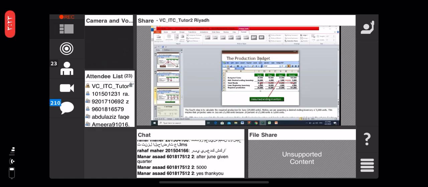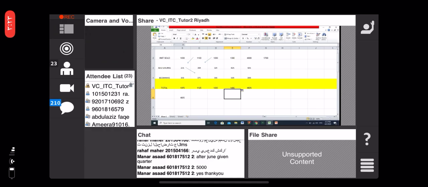Also, Manar, for the first quarter, it is the month of April. As you see in the Excel sheet, for ending inventory, this is the total here.